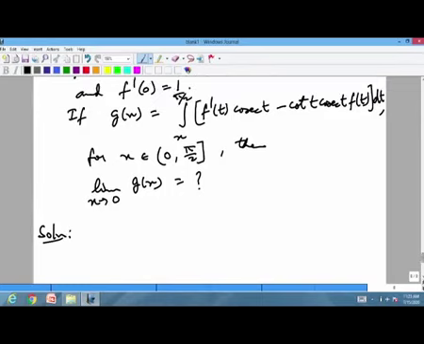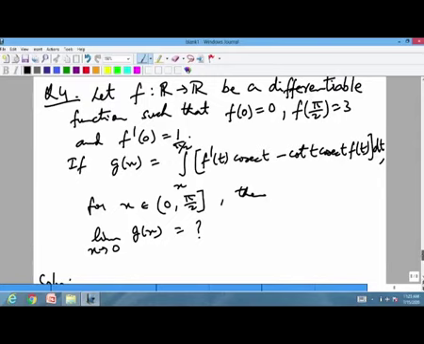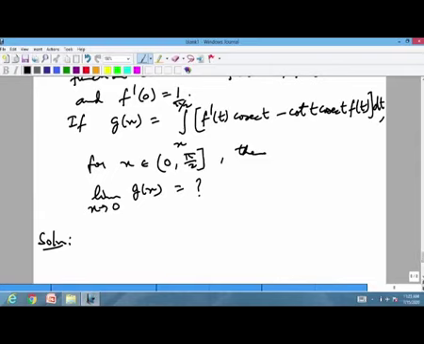So, this g of x is given in terms of this integral. First we should try to evaluate this integral to find the formula for g of x, and then we will try to find this limit.